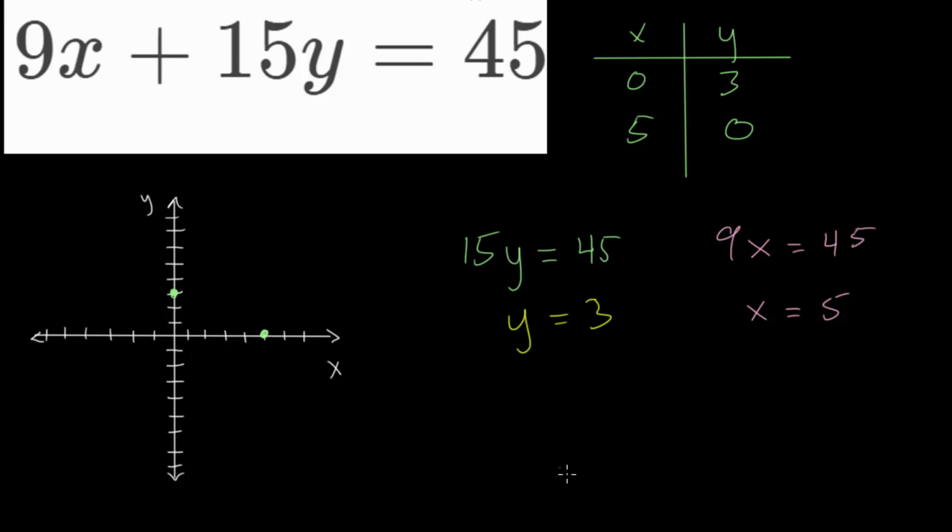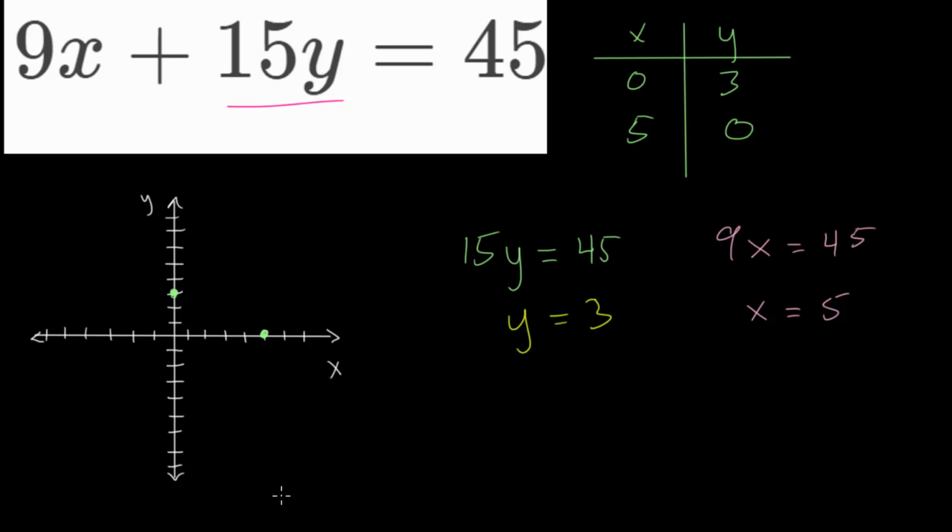Though I will save that, since I do want to mention the second technique that is equally effective, though it might take a little bit longer. But the general strategy there is that we want to solve this for y so that we can put it in slope-intercept form.